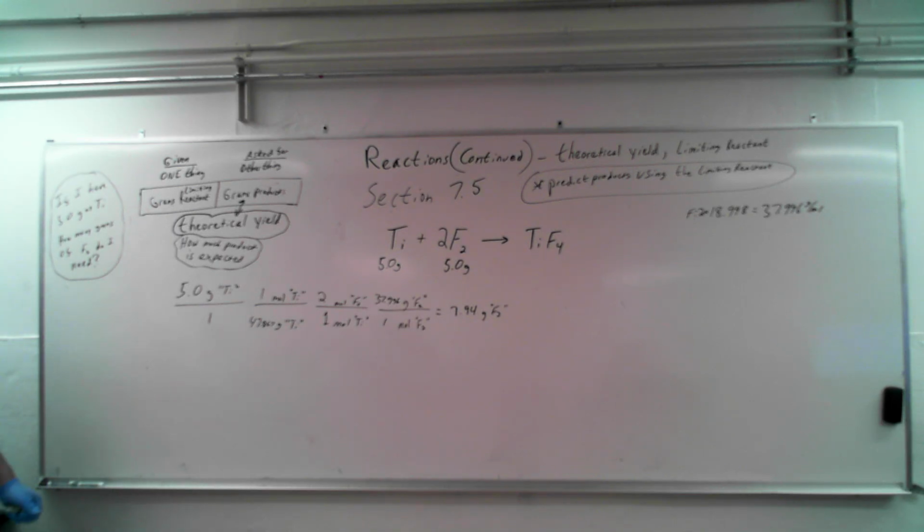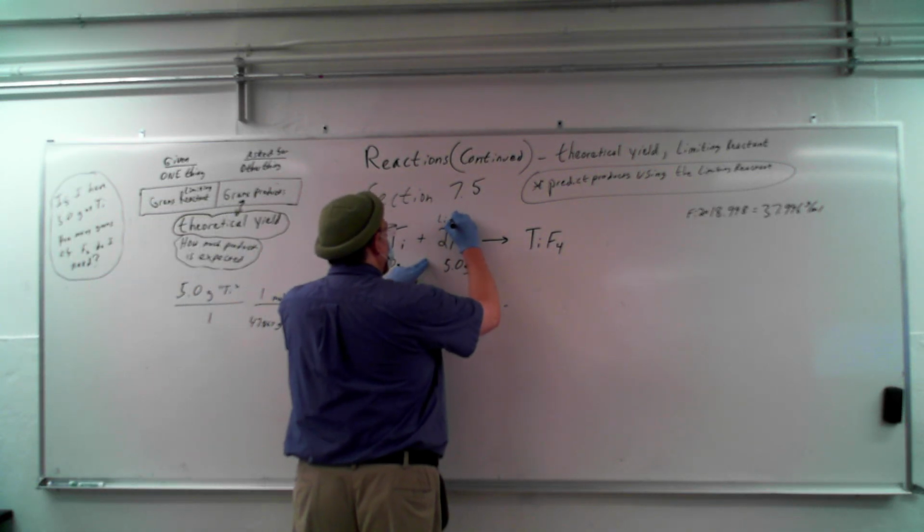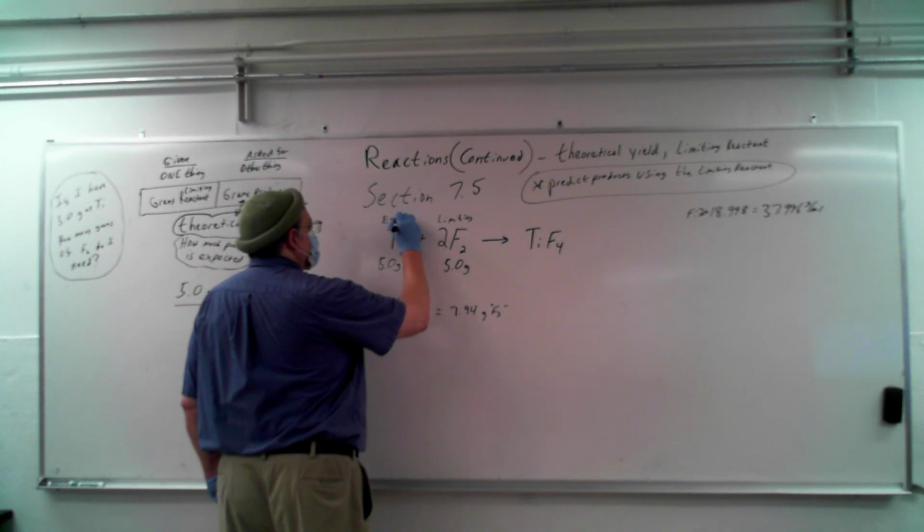So what's our conclusion here? We need 7.94. We have only 5. Fluorine is your limiting reactant. So this one is limiting. This one we're going to say is in excess.